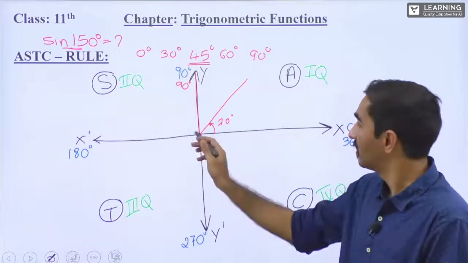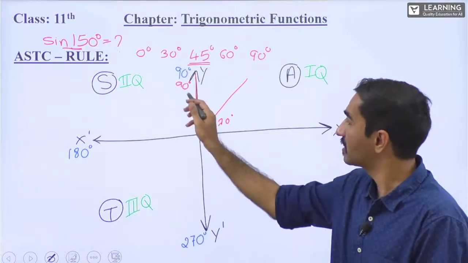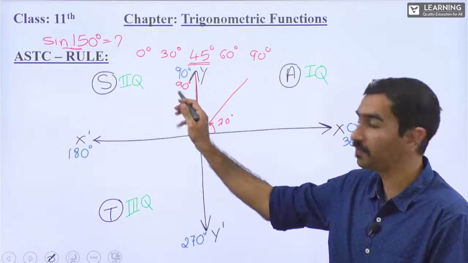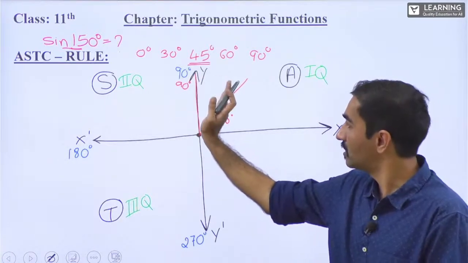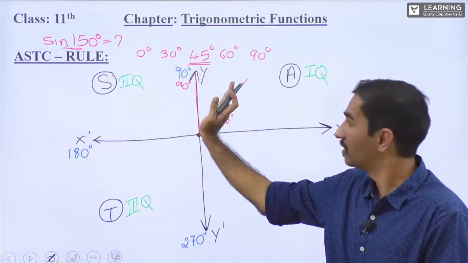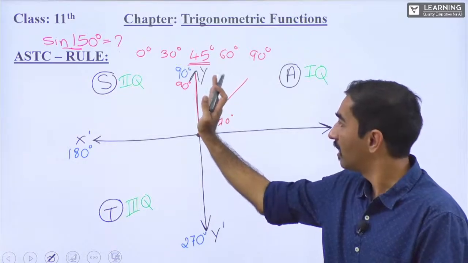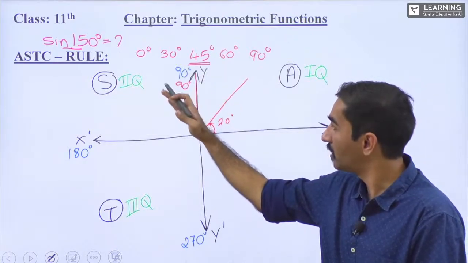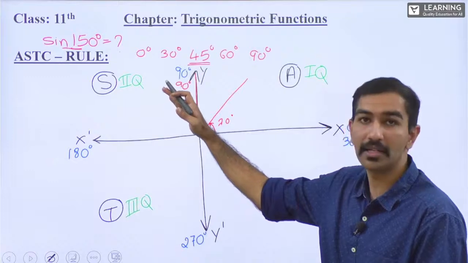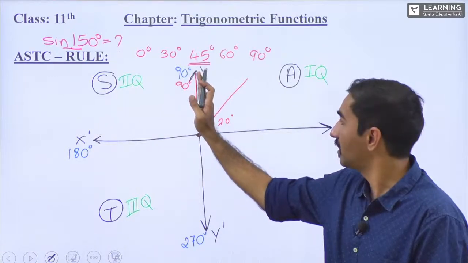Correct, students? See, this red line on the y-axis is exactly how much? 90 degrees. If you come a little bit on this side, it would be lesser than 90, correct? And if you go forward like this, it would be greater than 90. This is exactly 90.